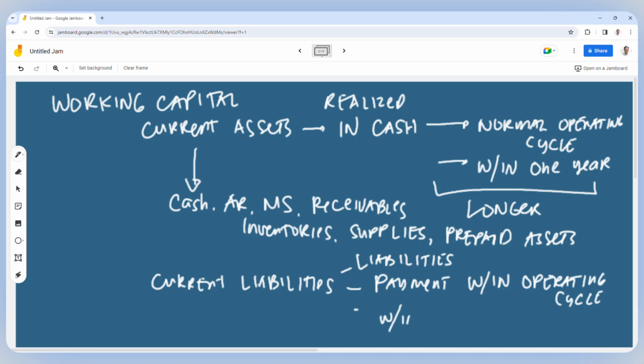Same yan sa ating current assets. Kaya lang, class, again, whichever is longer.